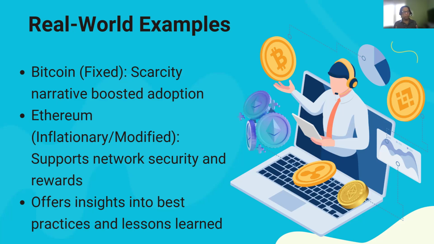So you can study both of them. What are the long-term and short-term visions and goals for these networks, and understand and create your new token based on those principles.